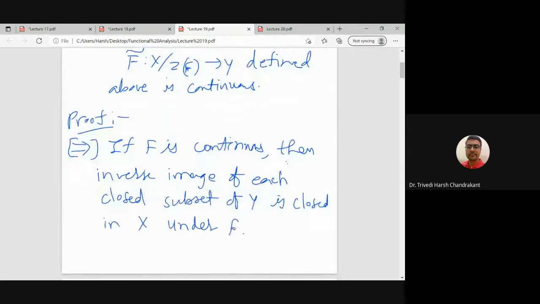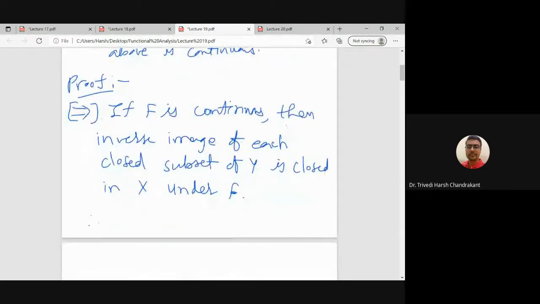Therefore f inverse of the closed set 0 is closed in X, where f is a function from X to Y.